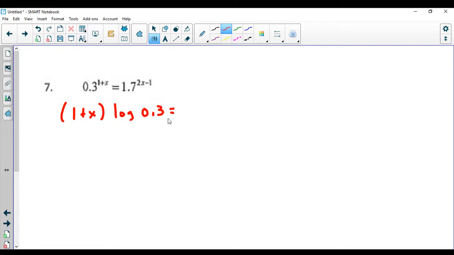But if I do the log on the left side, I got to do it on the right side. Again, I can bring down the exponent though. So I got 2x minus 1 now times the log of 1.7. All right, from there, I usually go ahead and divide by one of the logs. So I'll take the one on the left.